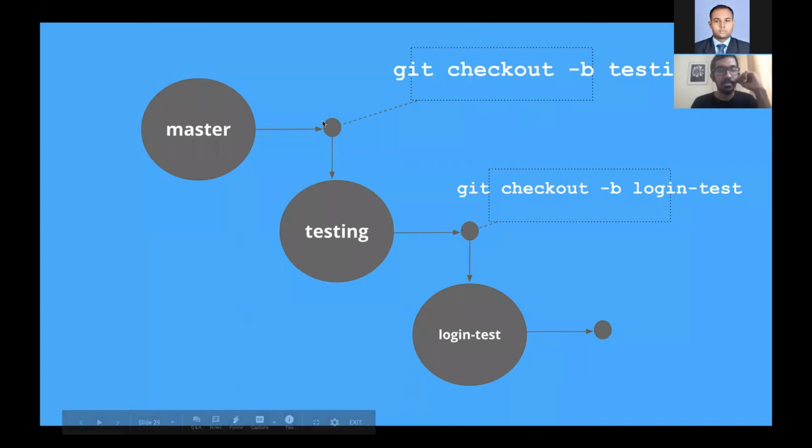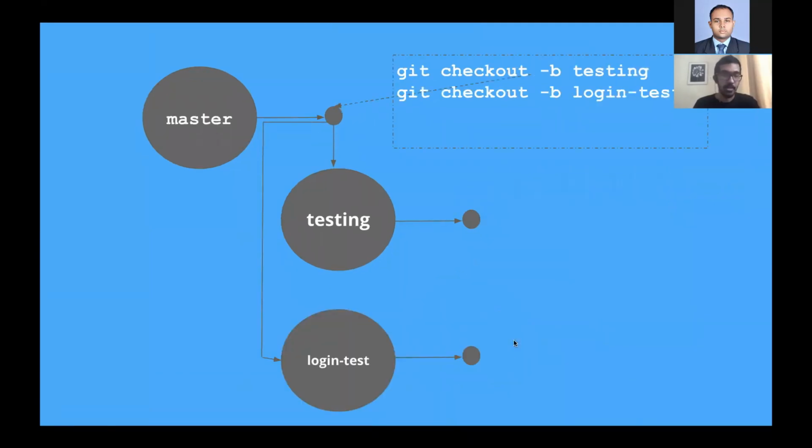Also, we can create multiple branches using git checkout -b. It creates another branch called testing. If we run git checkout -b login test, it makes another branch with the name login test. We can use this way also.